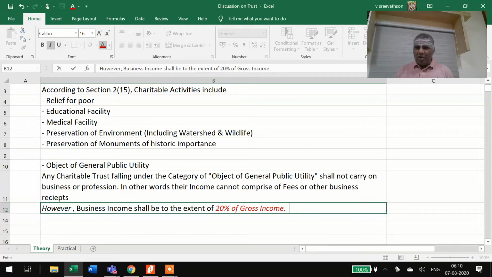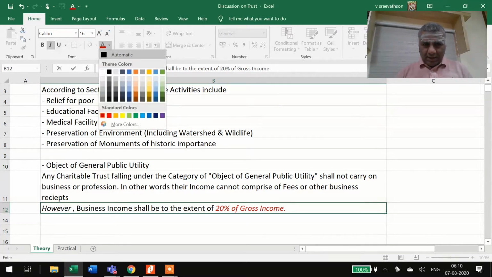Now the law says, okay, I accept there is a possibility that you might also have some business income. So I impose a restriction that business income shall be to the extent of 20% of gross income.